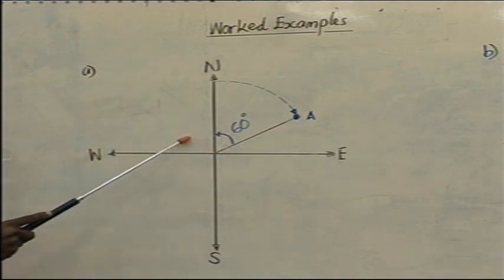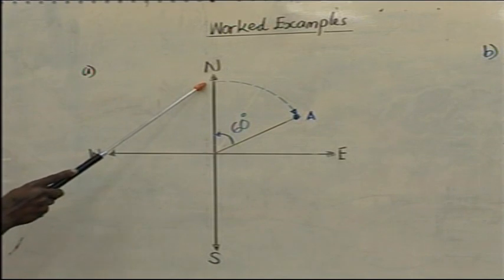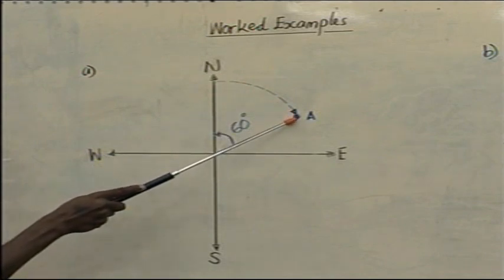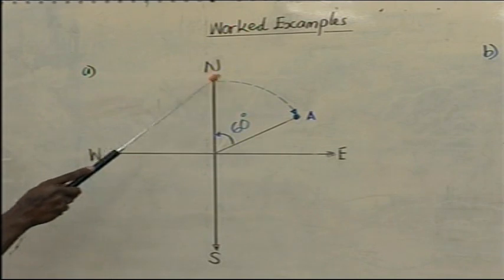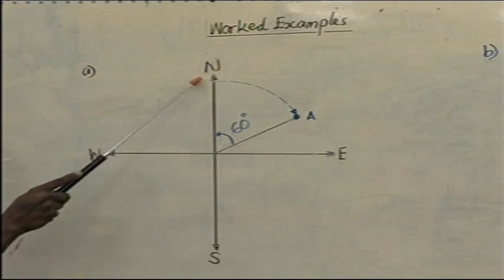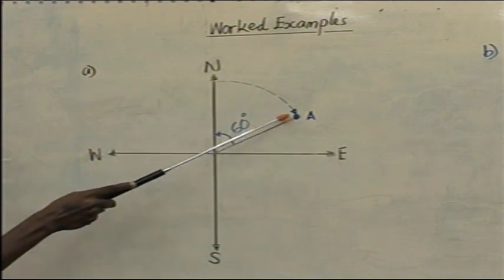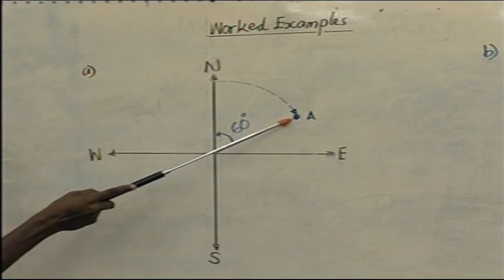So, in this example, to measure bearing, we start from north and then measure clockwise to this point. From north to point A is the bearing that we are trying to find. What is the bearing of this point here, from north to point A?